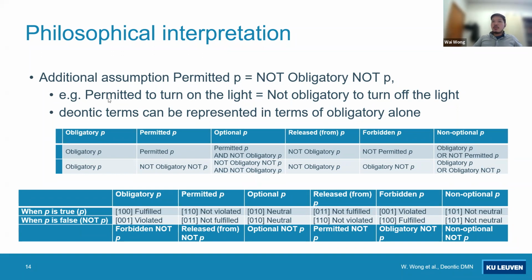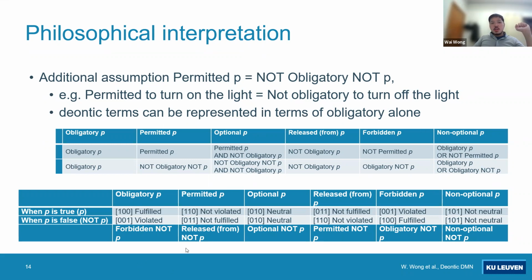To give an example, let's say you are permitted to turn on the light. With this additional assumption, that would be the same as not being obligated to turn off the light. So by this additional assumption, we can represent all the terms in terms of obligation alone.